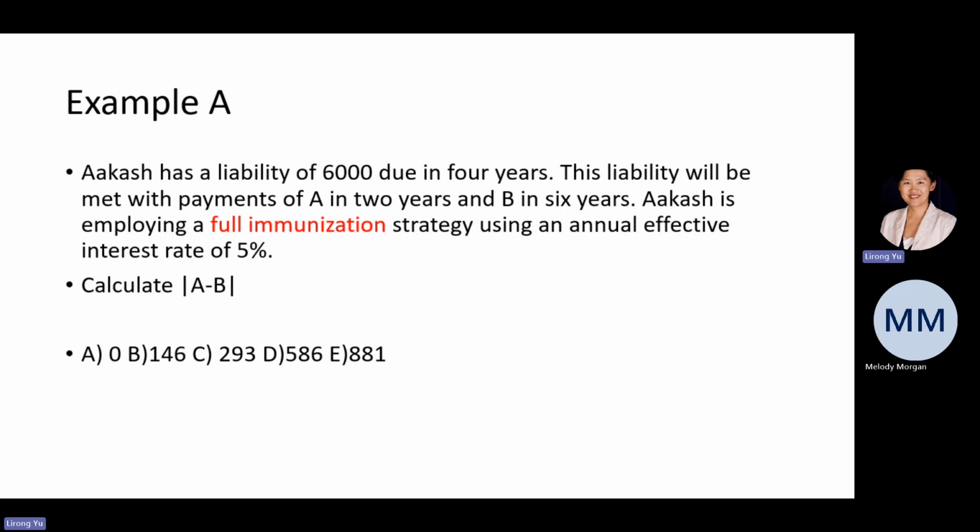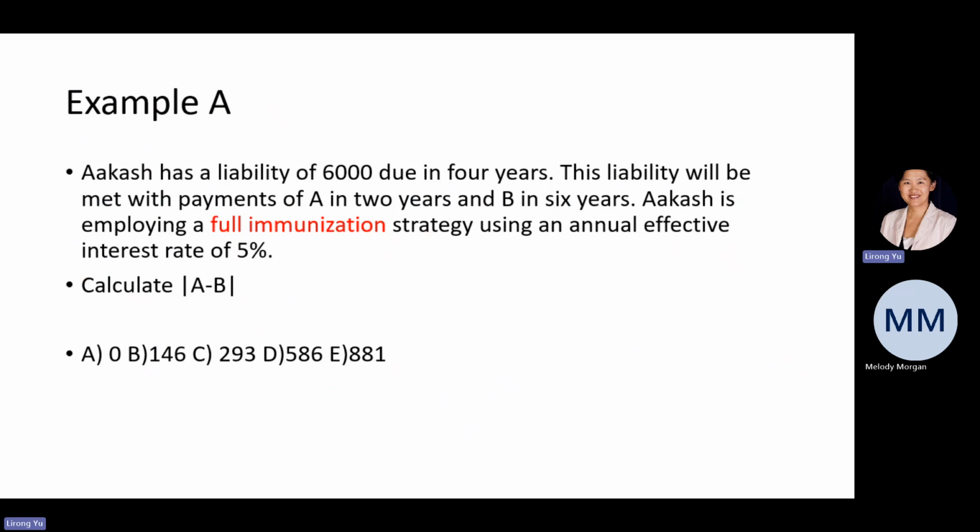Okay, so let's look at an example on full immunization. This is the same example as on the practice test, so I'll include it here. Let's say a person has a liability of 6,000 due in 4 years. This liability will be met with a payment of A in 2 years and B in 6 years.